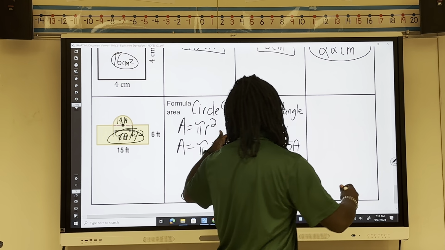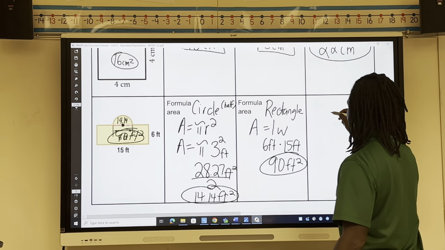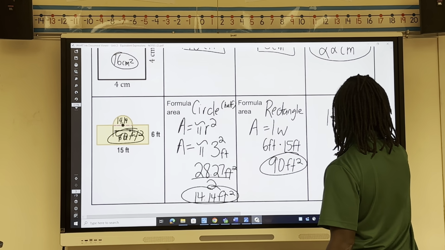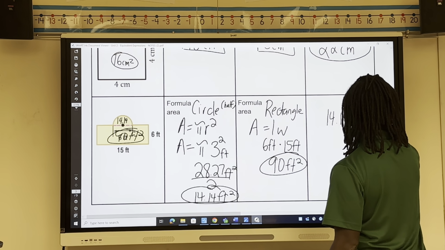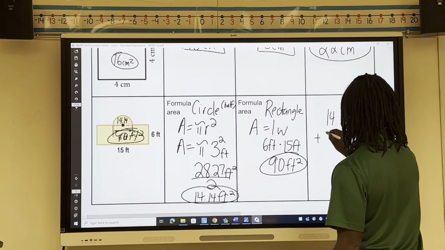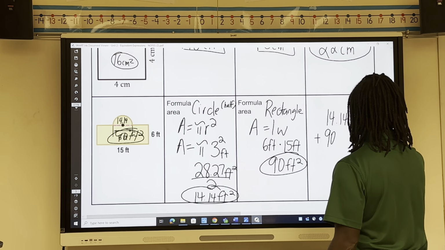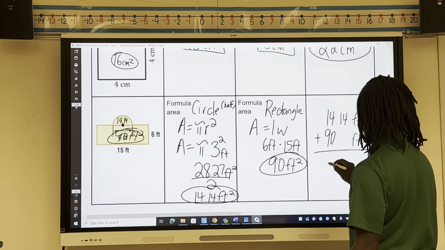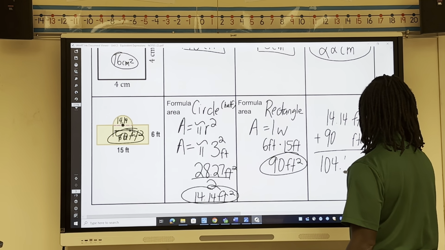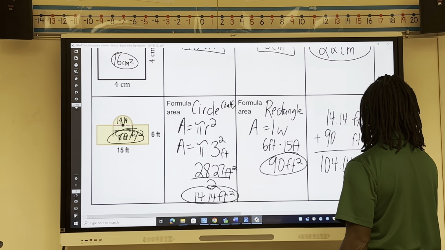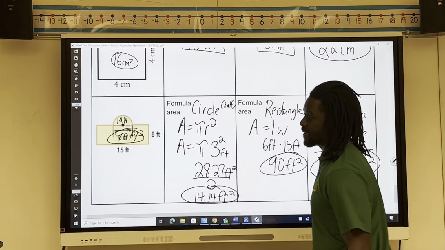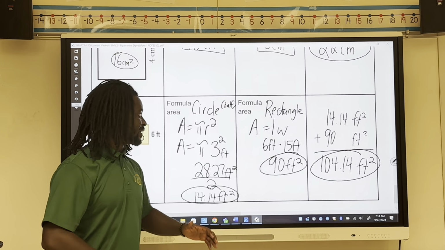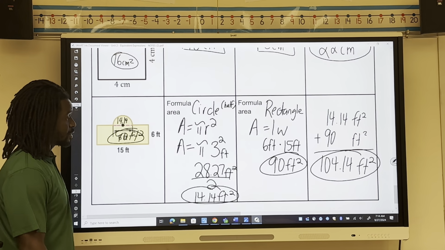And then I got to add up these two, so I take the 14 feet squared plus the 90 feet squared. When I add those, I get 104.14 feet squared. And that is my answer for the area of that figure.